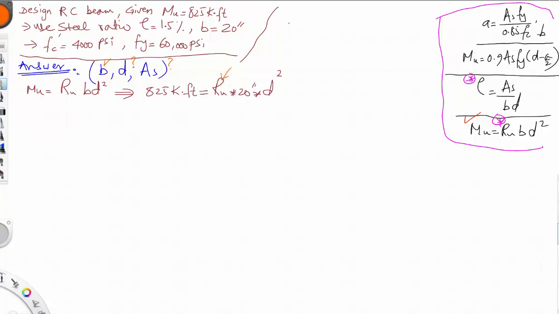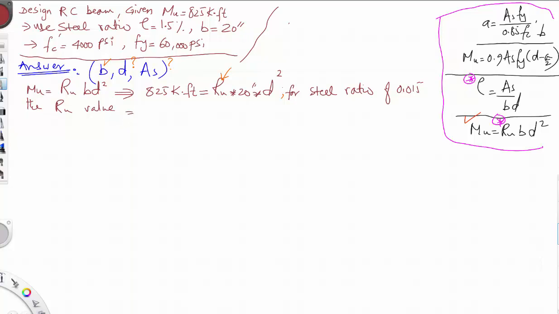So for a steel ratio of 0.015, the Ru value is equal to how much?